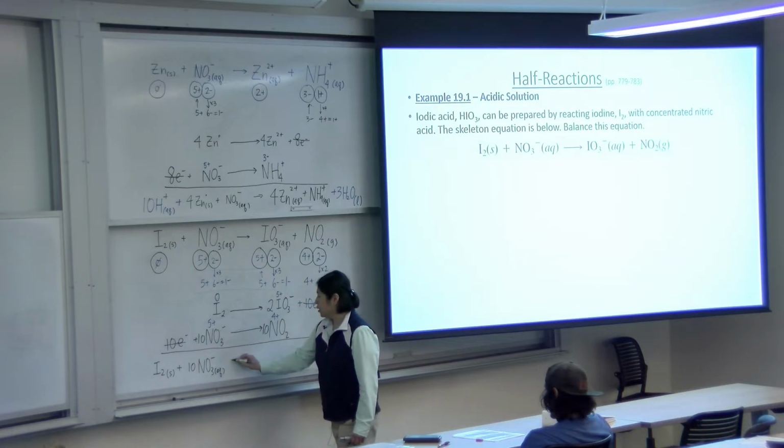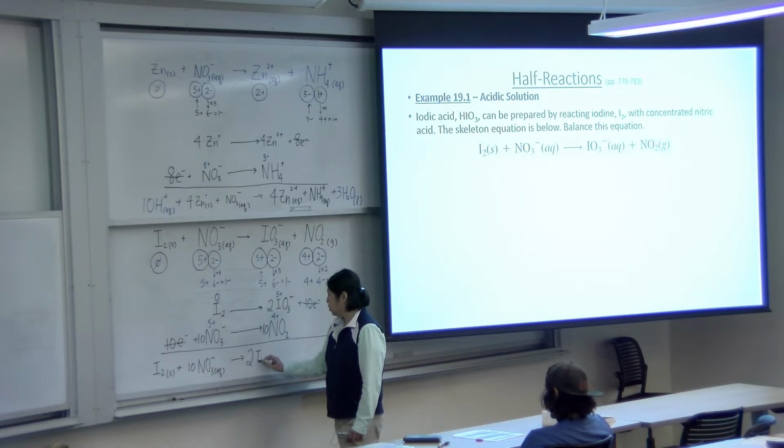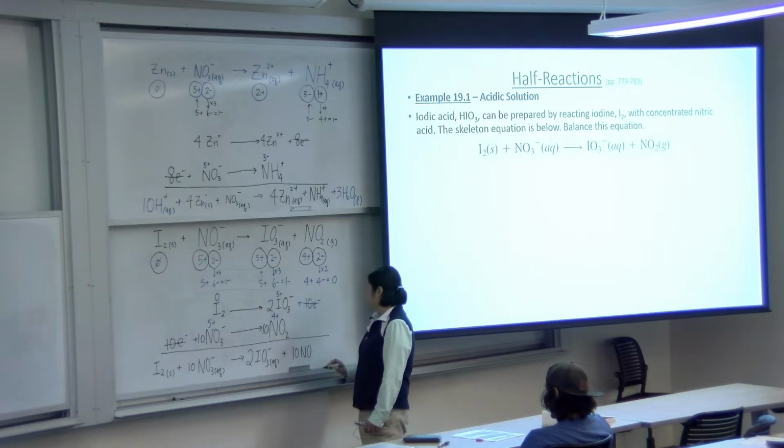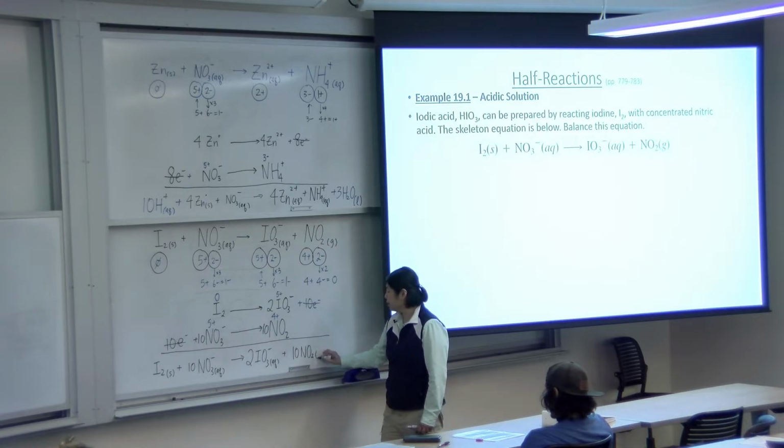This gives us 2 IO3 minuses, should be aqueous, and 10 NO2, and this should be a gas.